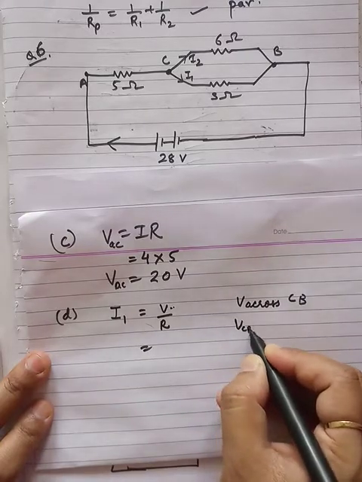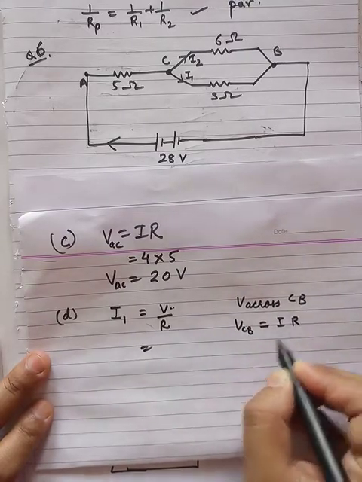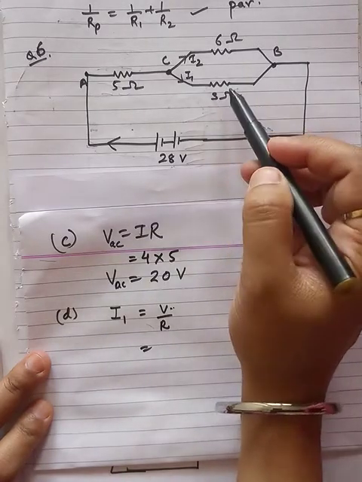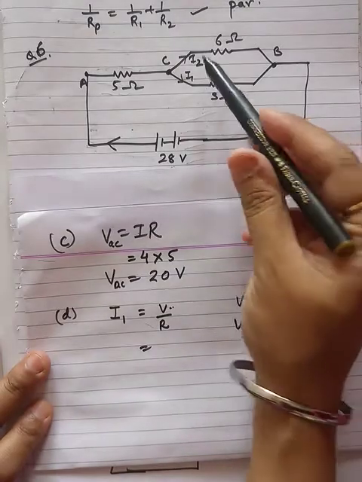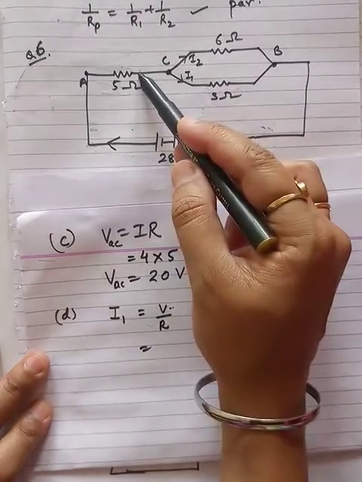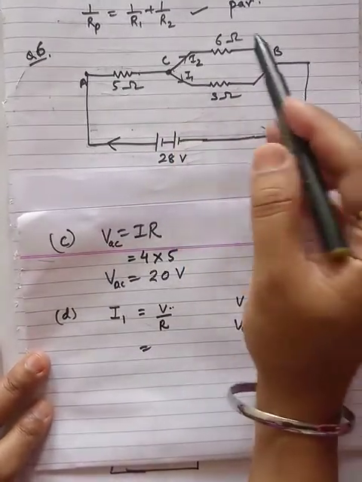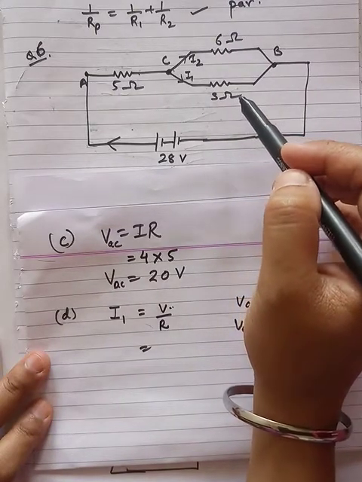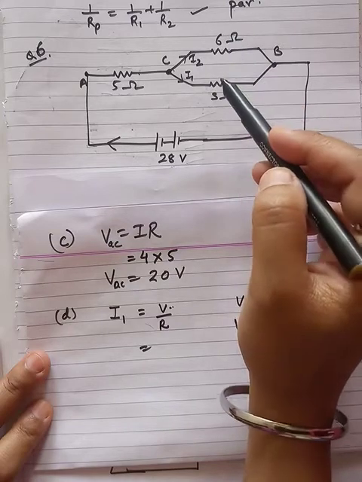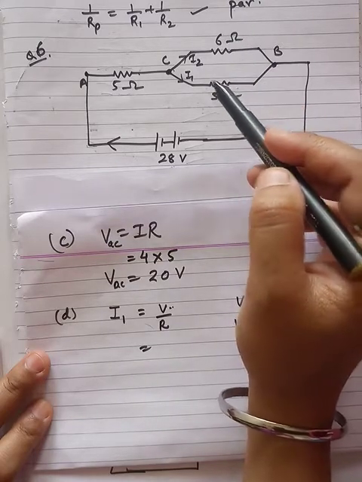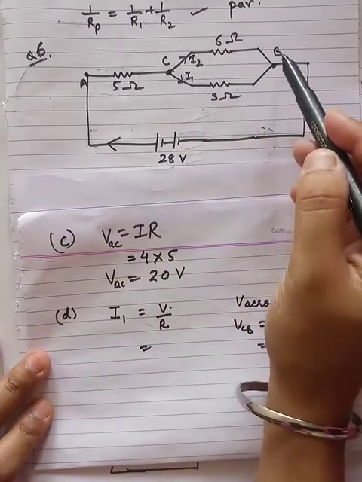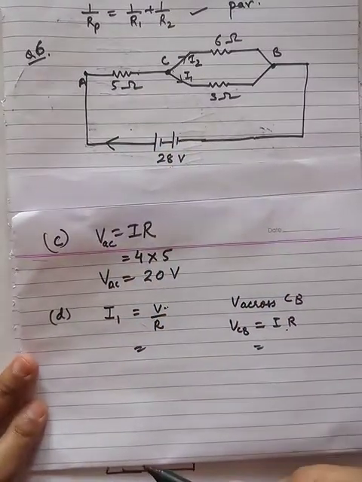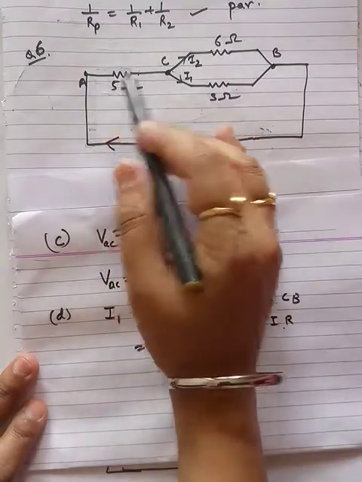So VCB is equal to IR. Across CB the total current is I1 and I2, which is equal to 4 ampere, because across the 6 ohm and across the 3 ohm, the potential difference will remain the same as these are in parallel combination. The current across CB is the same as across AC because it is in series with AC.